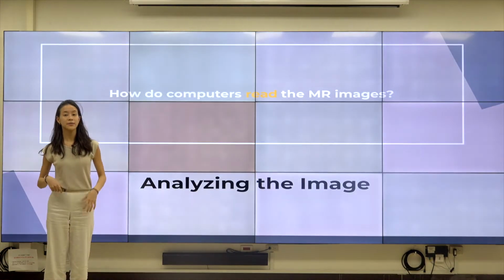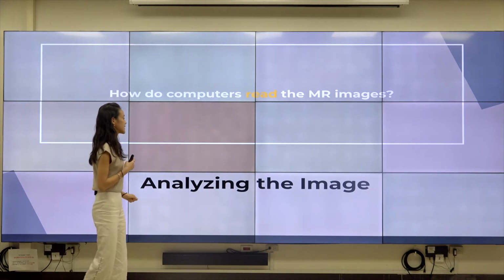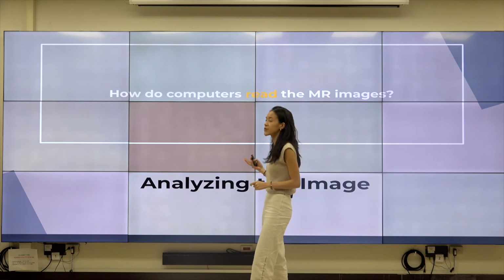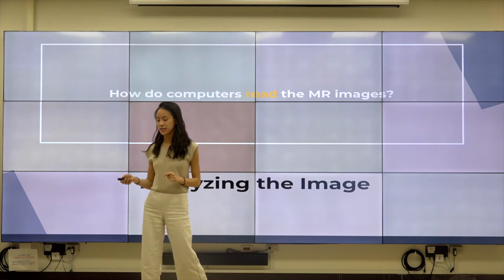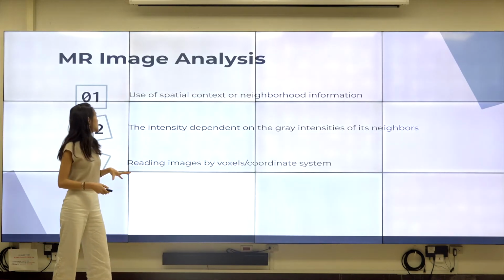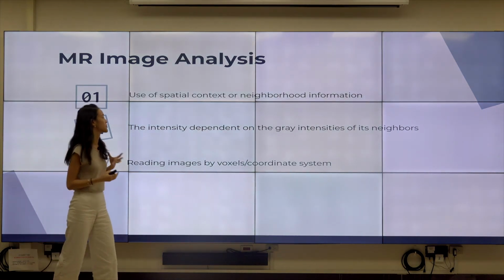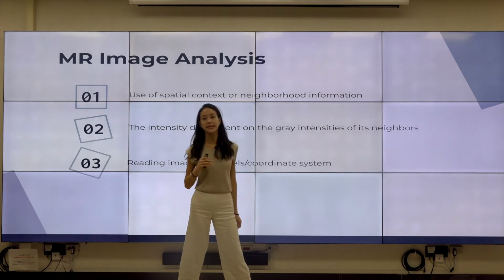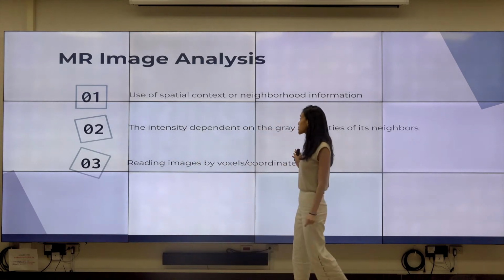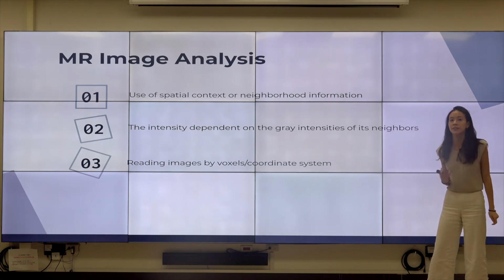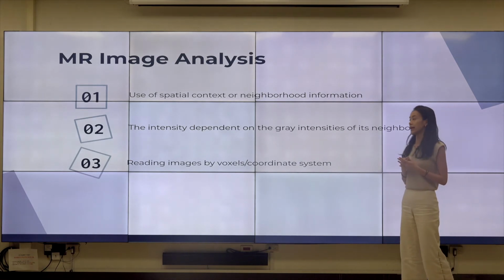So on to the mathematical concepts. The first part of this is analyzing the image. So how exactly do computers read the images that we're looking at? Image analysis consists of three things that I think are very important to remember. The very first thing is it uses spatial context or neighborhood information in order to read the image that we're looking at.